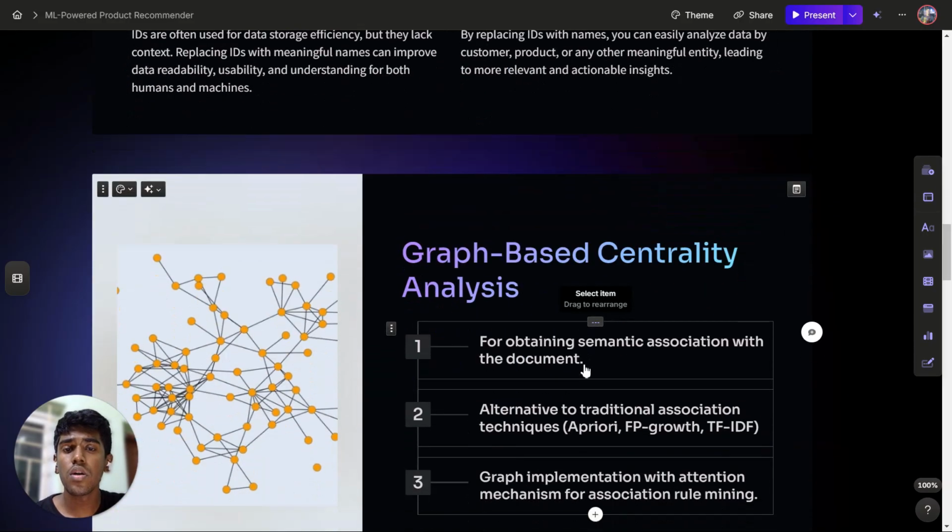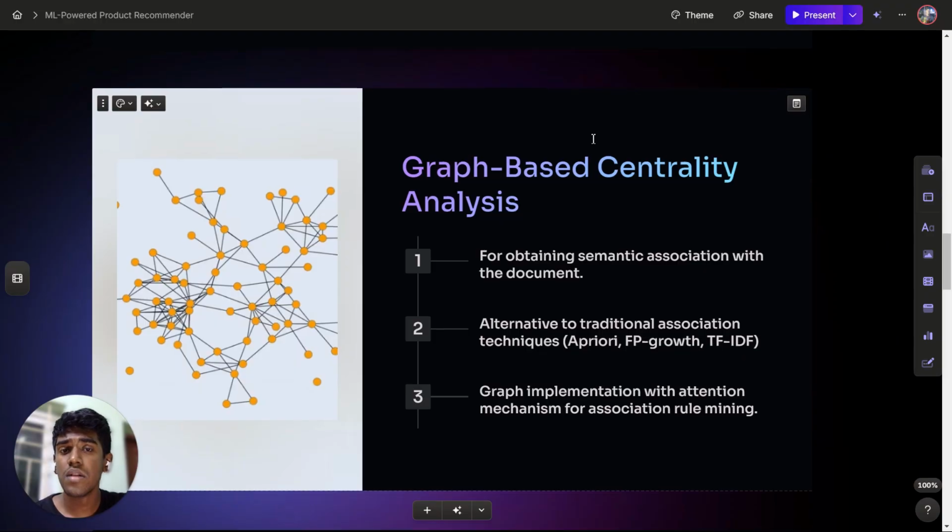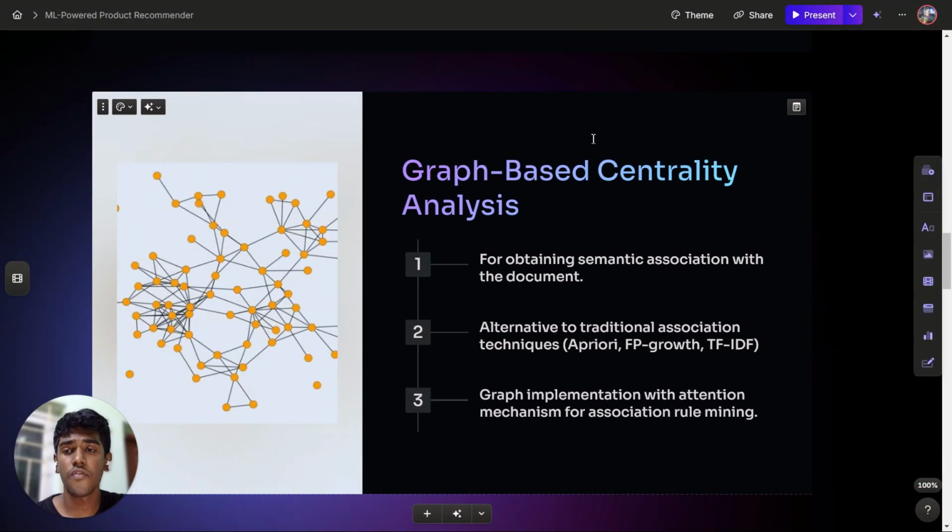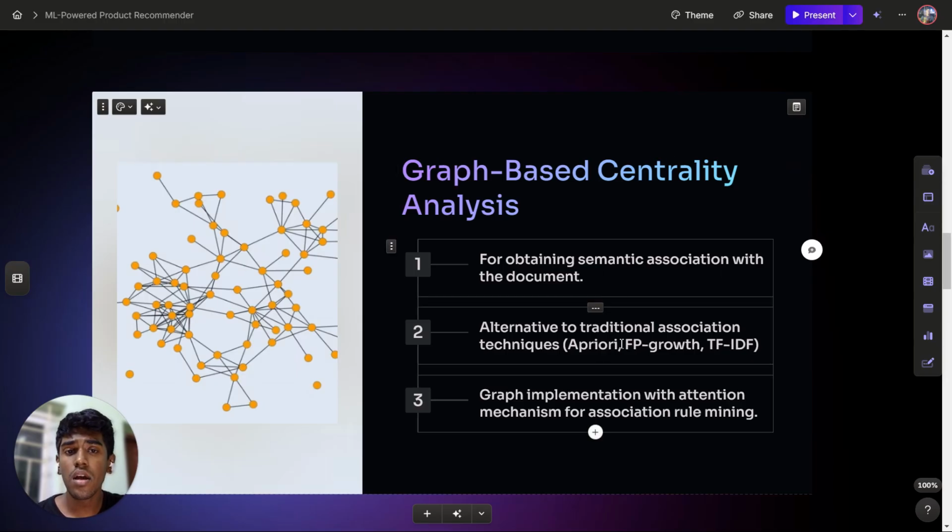Going on, for getting the similarity and analysis of how one word is associated with another, I'm using a graph-based centrality analysis. The traditional techniques are Apriori or FP-Growth as well as TF-IDF, where we see how many words are there in one sentence relative to its frequency.